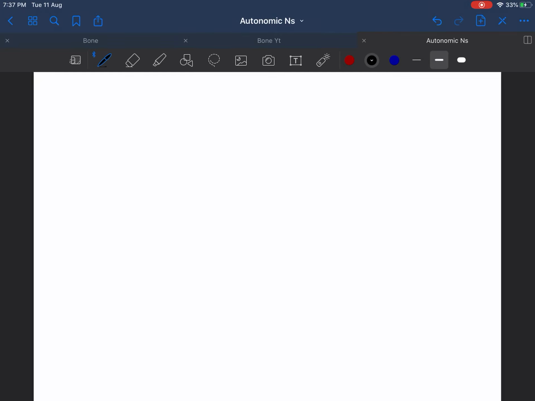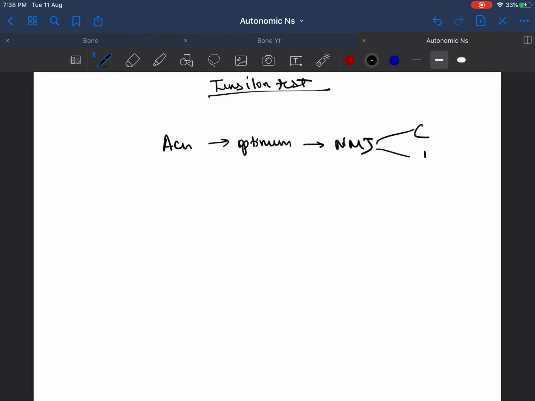Now, what is the Tensilon test? It is very essential to understand that if acetylcholine is present in optimum levels at the nerve muscle junction, then contraction and relaxation takes place properly in the muscle. Basically contracts, but the normal working requires normal optimum levels of acetylcholine in the body.